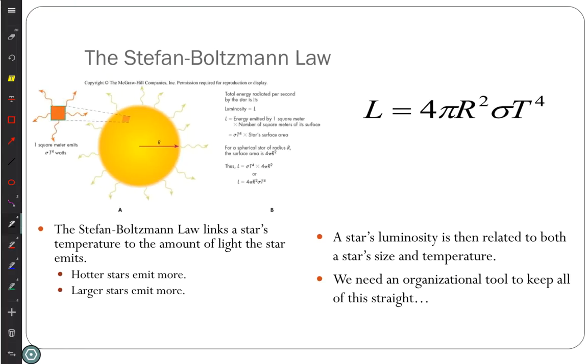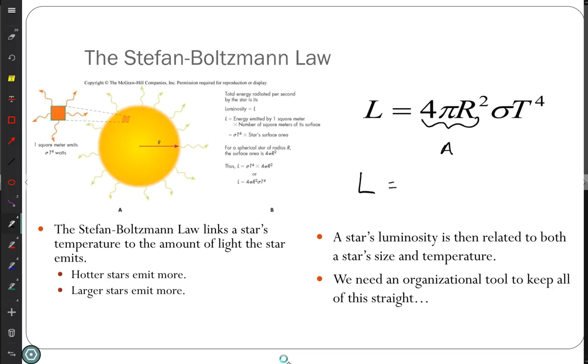All right. Here's the Stefan-Boltzmann law that tells us about how much light is given off by a star. This right here is the equation for the surface area of a star. So what we saw before depends on how specific I was. This is the most specific you can get for this.